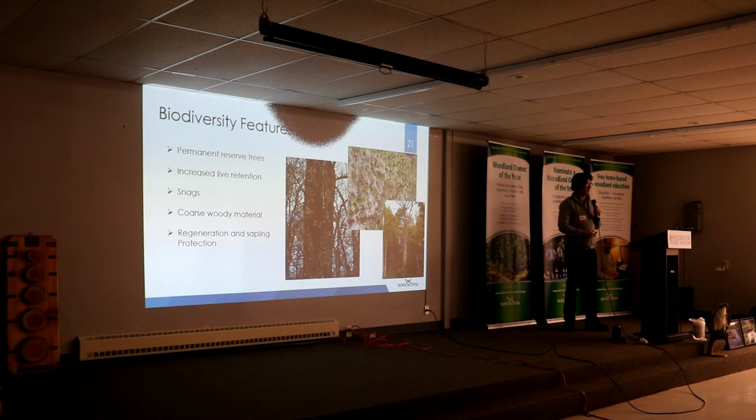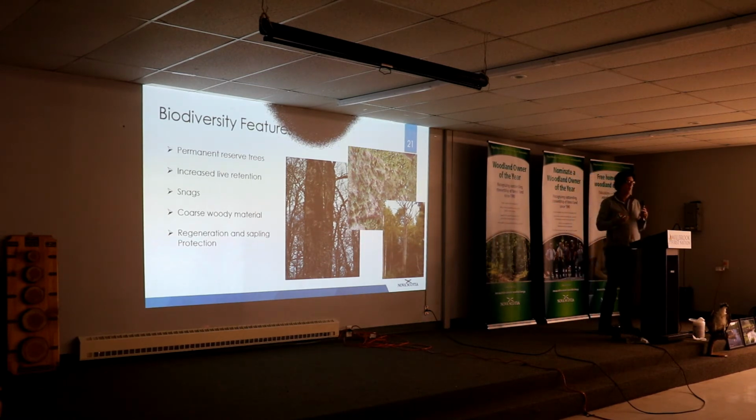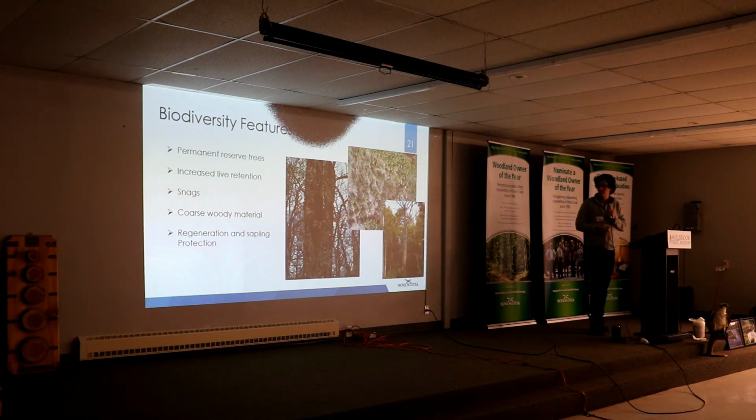But it's not just about the silviculture in the guide now, and in implementing ecological forestry, of course, there are other features there that are considered and have targets and prescriptions for Crown and would be good guidelines for private, for those looking for these tools that they can use to support what they want to do. And these include how to include biodiversity features explicitly in the treatment. So things like a certain number of permanent reserve trees, which is a new term in the guide, per hectare.